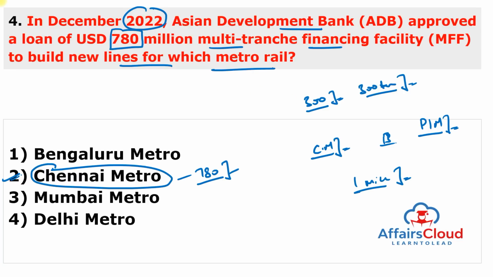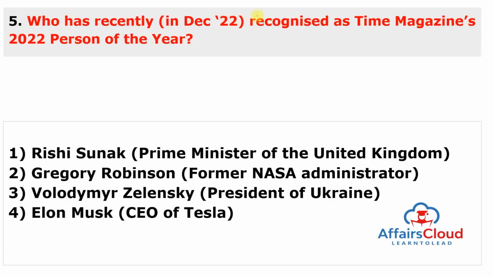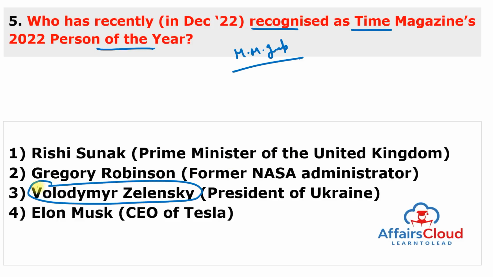Moving to next question. Who has recently been recognized as Time Magazine's 2022 Person of the Year? Most important question. Mark this question in the most important section, and this personality is Volodymyr Zelensky. Answer of this question is 3 and he is currently the president of Ukraine.